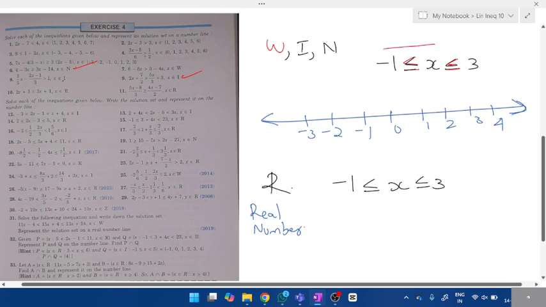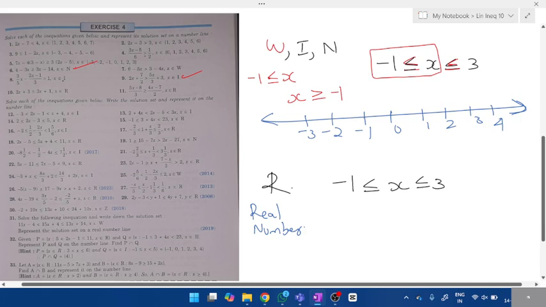How do you write this equation? Let us take this equation: -1 less than or equal to x. How do you write it in terms of x? If I want x on the left hand side, which side is the arrow pointing? Arrow pointing towards -1. So x is greater than or equal to -1 and x is less than or equal to 3.